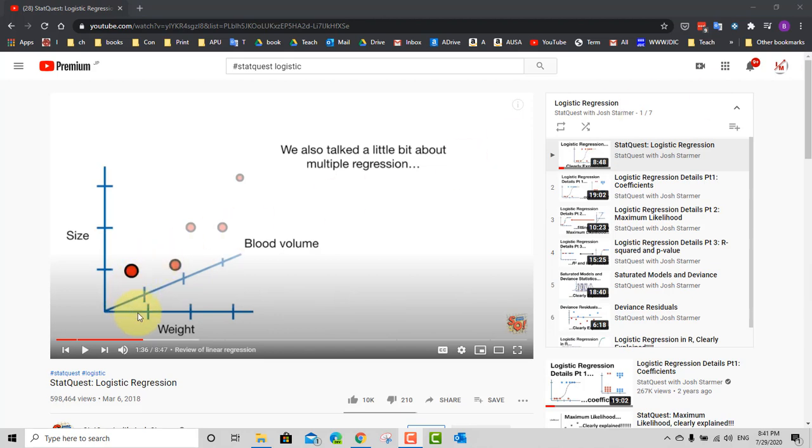You'd measure some mouse's weight, and then their blood volume, whatever this is, and then you'd get a size. So we could have two variables as inputs, or of course we could have many more variables. You deal with many input variables in your projects, and of course you can't graph them like this anymore if you go beyond two input variables.